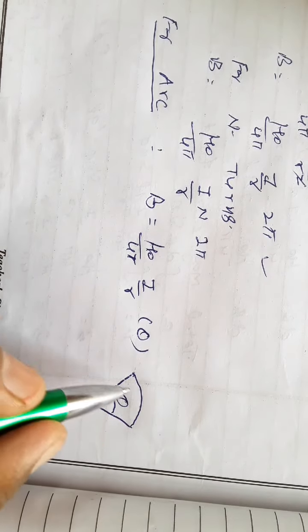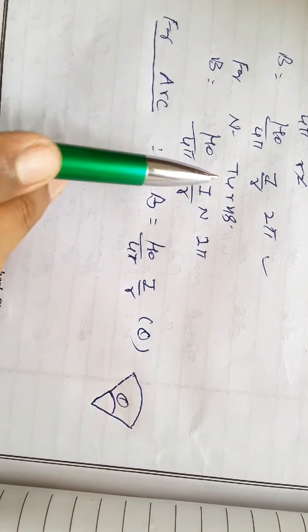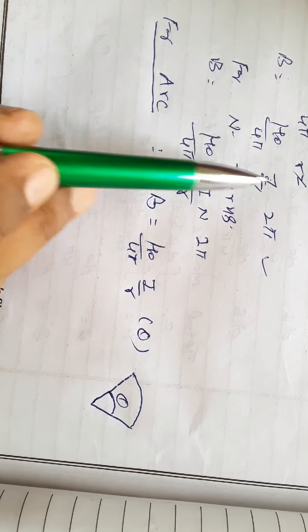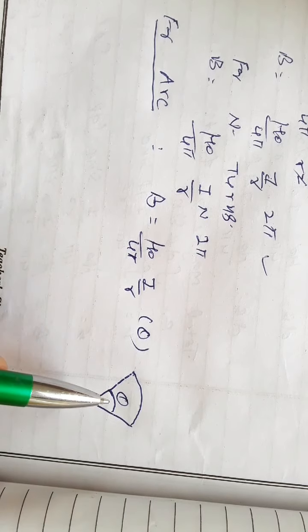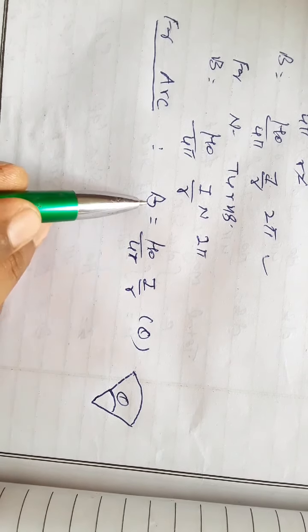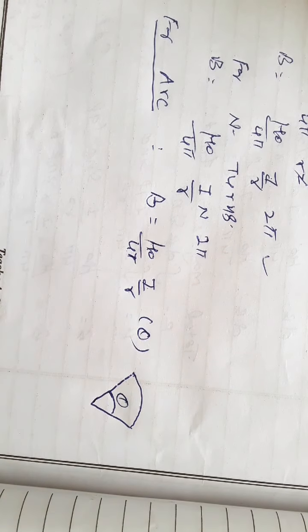And if a complete circle is taken, then theta will be equal to 2 pi. So, in the above relation, we get B is equal to mu naught upon 4 pi I upon r into 2 pi. So now remember, if an arc or semicircle or any other shape is given, then you can use the relation B is equal to mu naught upon 4 pi I upon r into theta.